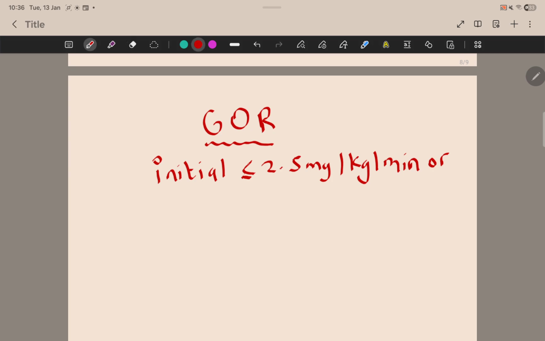And then when we increase feeds, the maximum rate is between 4 to 5 milligrams per kilogram per minute. Please make sure you're using updated guidelines when looking at the maximum rates.